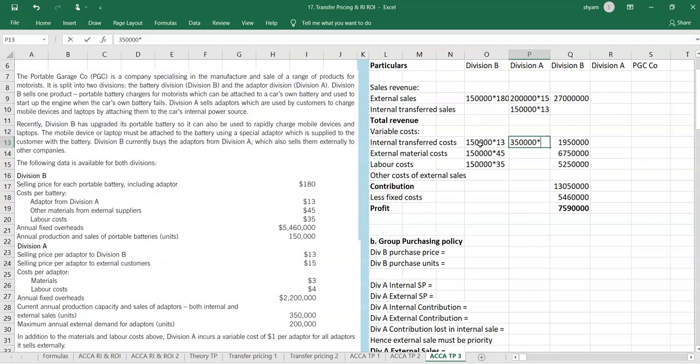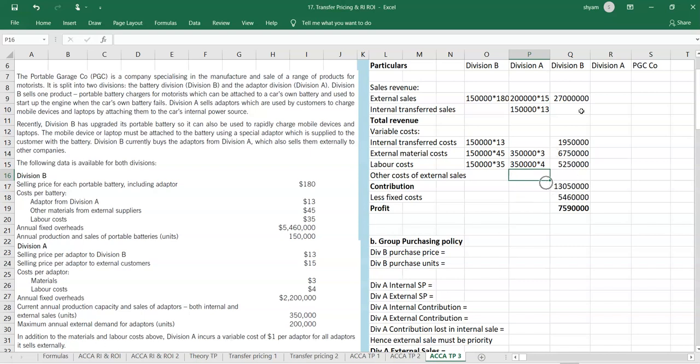They are producing 3,50,000 units, and that is going to cost them around, material is 3, labor is 4, and they have other external cost such as selling cost, other variable cost he says.